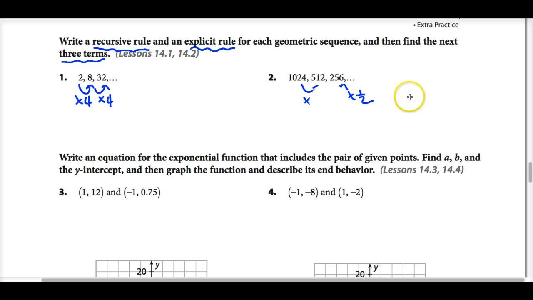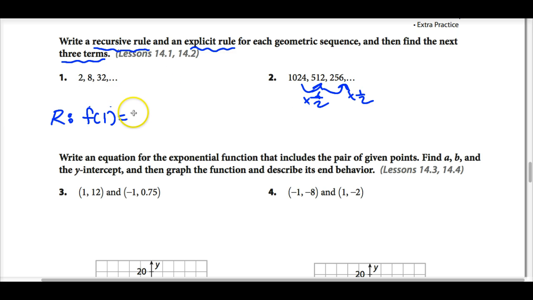Oh man, I said I'm going to only do 1 question for you, and look at me, I'm doing 2 already. No, I'm gonna stop right here with that one. Anyway, so I need to find the recursive rule and an explicit rule. So for the recursive rule, you always first start with the first number. F of 1 is what? 2, okay.